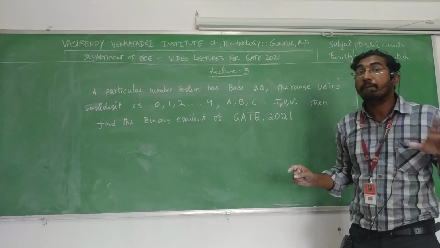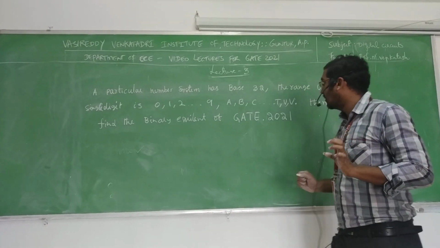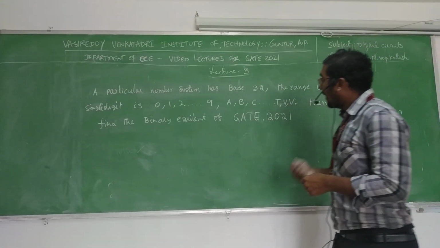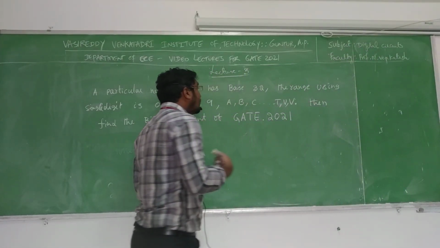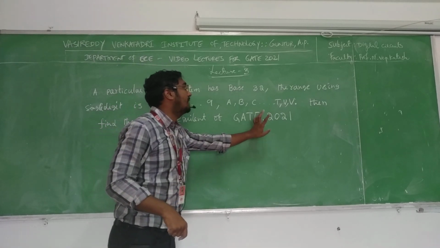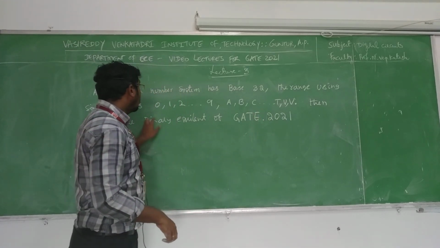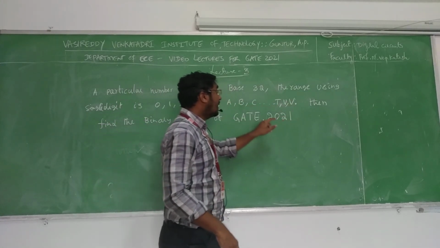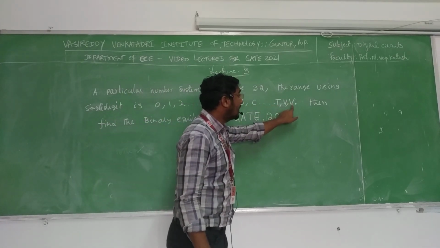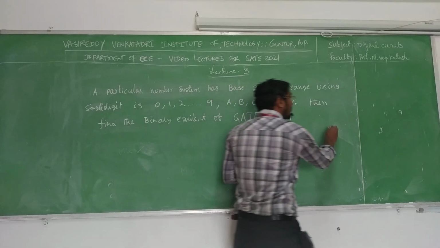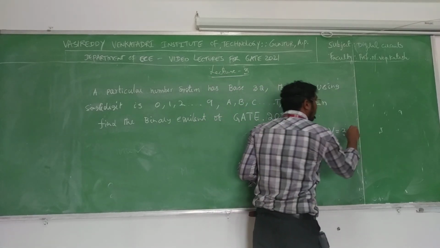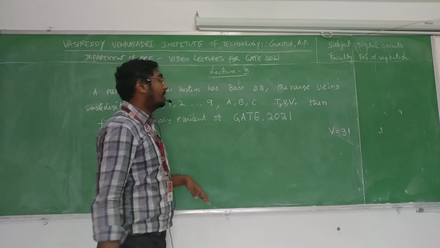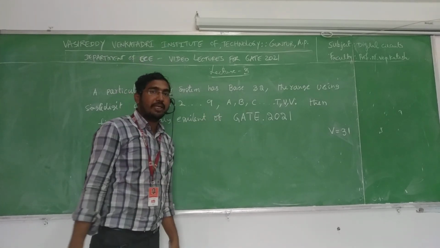When writing the 5-bit equivalent, you must know the value of each digit. So 0 to 9 are the 10 digits, then A to V. Here V is the maximum digit, and the maximum digit value of V is 31.